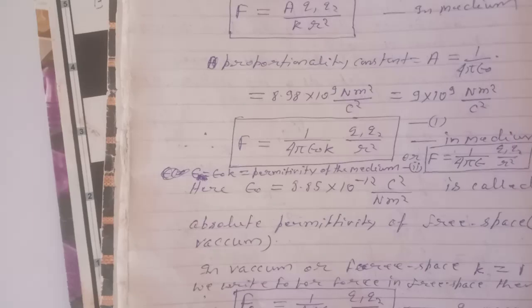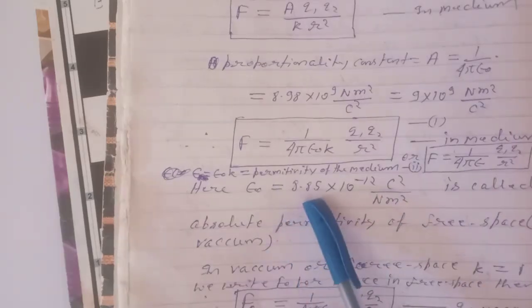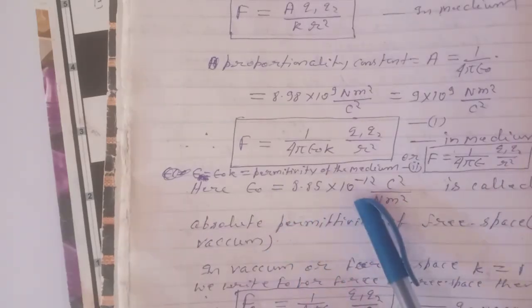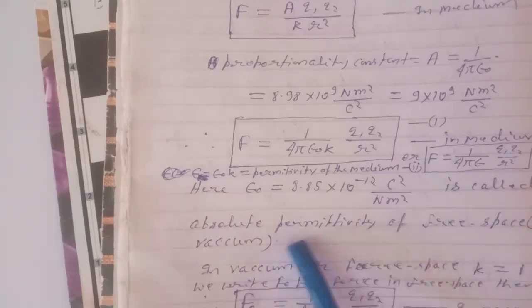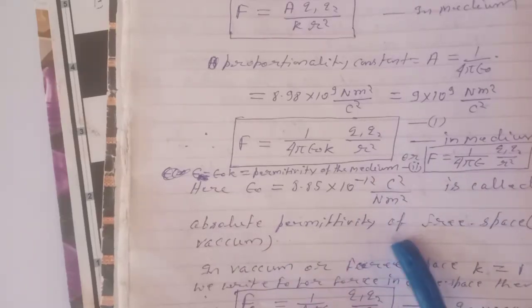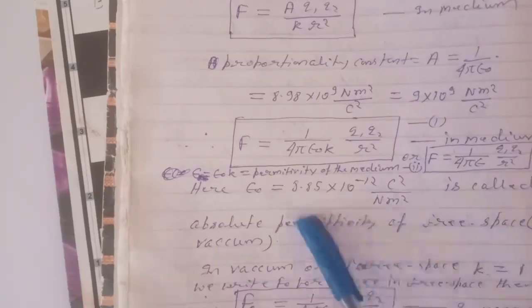And here epsilon naught equals 8.85 into 10 to the power minus 12 coulomb square per Newton meter square, called the absolute permittivity of free space or vacuum.